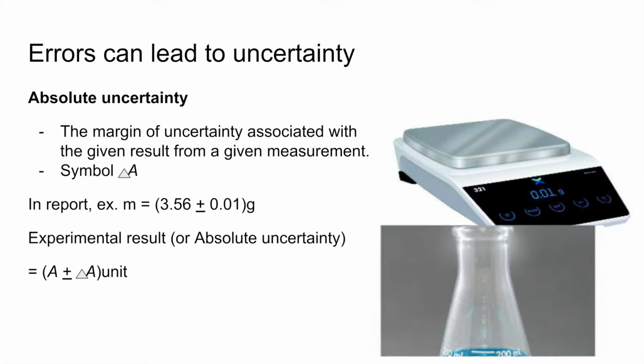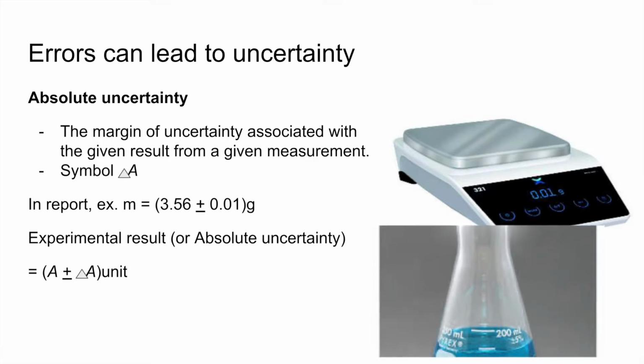What is analog? Your equipment that doesn't need electricity, the graduated cylinder, for example. I'm going to explain why instrument choice is important. For example, you use this to measure 100 volume.